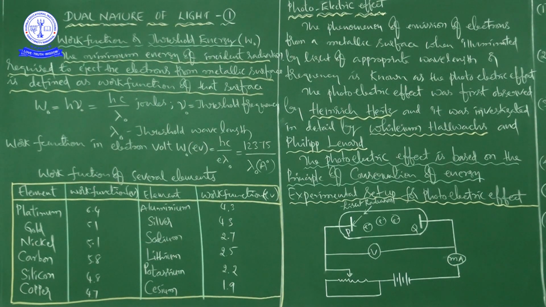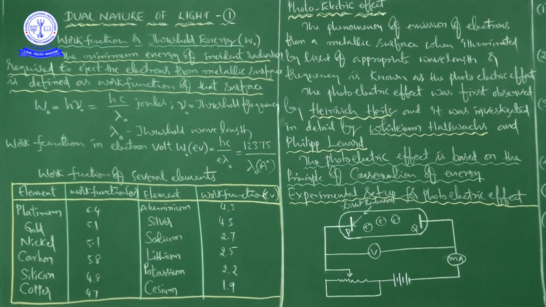The minimum energy of incident radiation required to eject the electrons from the respective metallic surfaces is termed the work function of those metallic surfaces. So that is 6.4 for platinum, 5.1 for gold, and 5.1 for nickel.